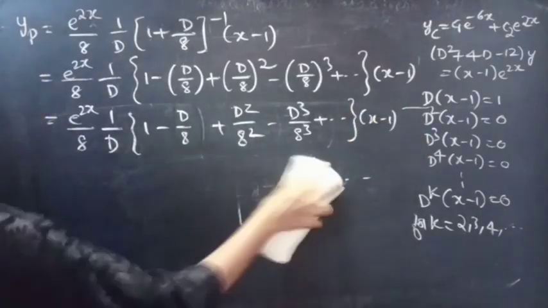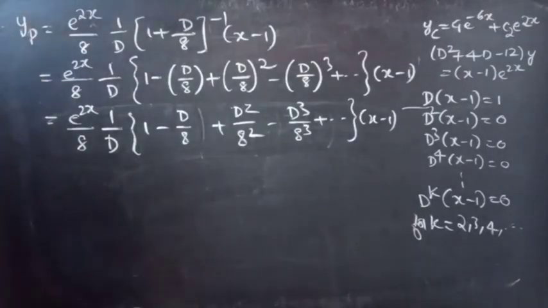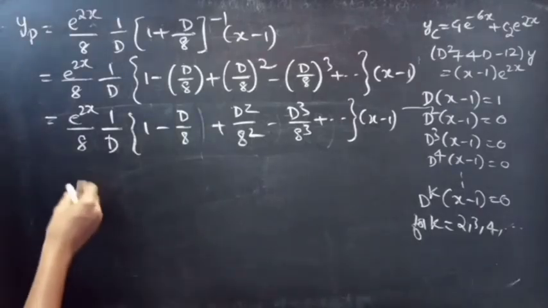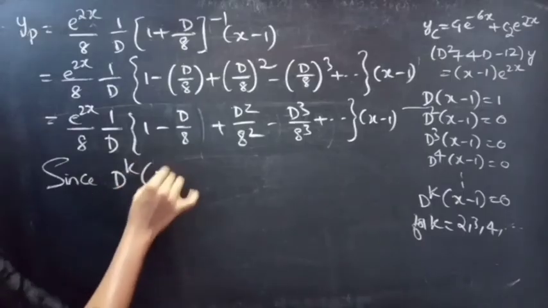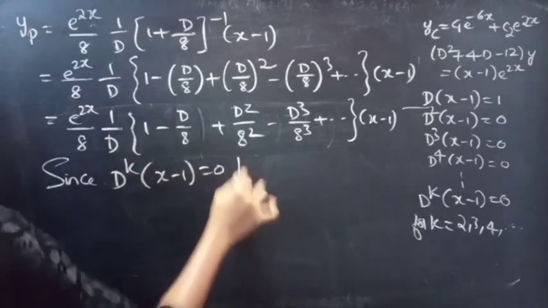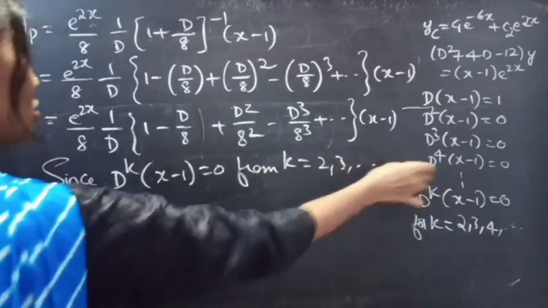Since we know that higher derivatives from D square, D cube are 0, since D power k of x minus 1 is 0 for k equals 2, 3 and so on.